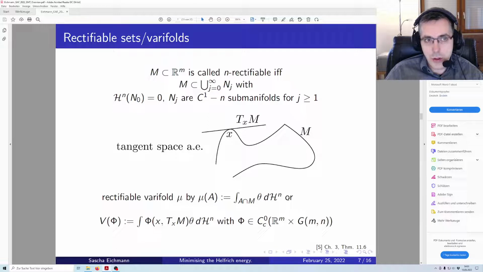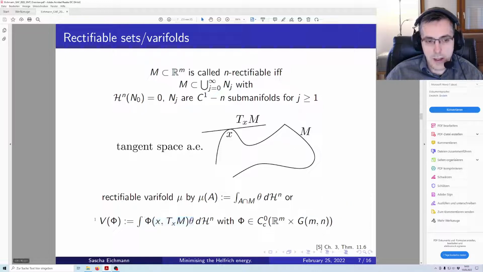And since I've told you that you want to track tangent spaces, we can actually define a general varifold corresponding to that as well. So we're doing this with the Riesz representation theorem. So we take a test function phi coming from the set of all continuous functions with compact support on R^m times the Grassmannian.